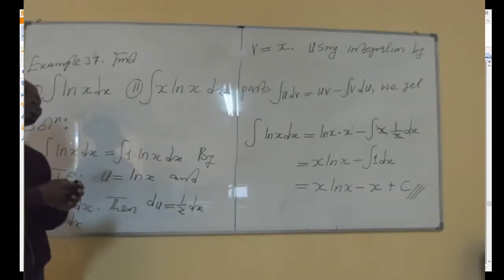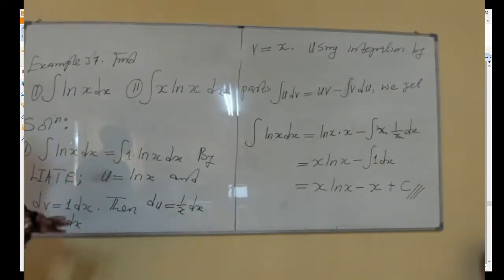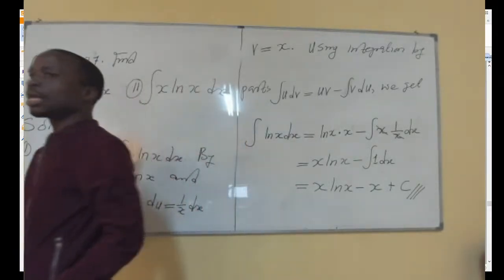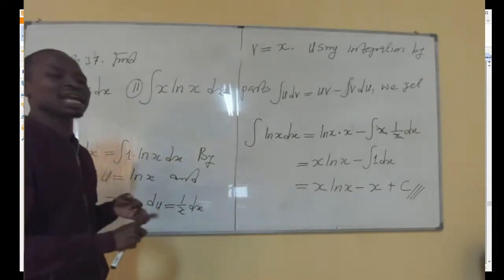These functions are a bit tricky. When you are applying integration by parts, you discover that to arrive at your final answer, you have to apply it more than once. Maybe 2 times or 3 times or 4 times or 5 times.